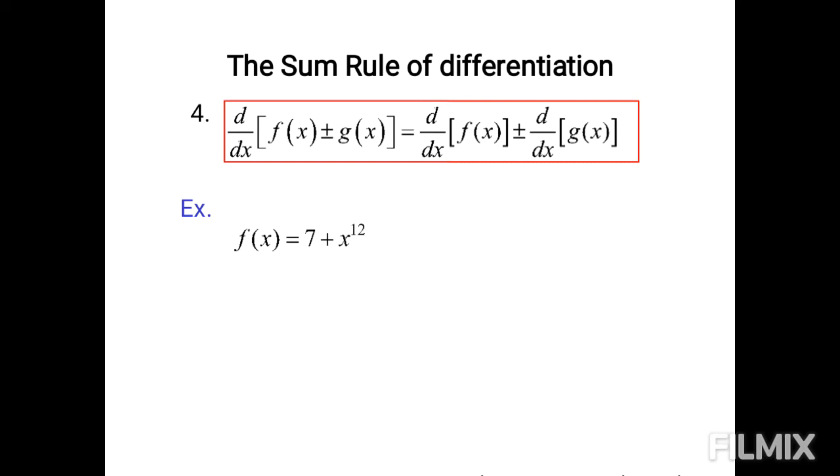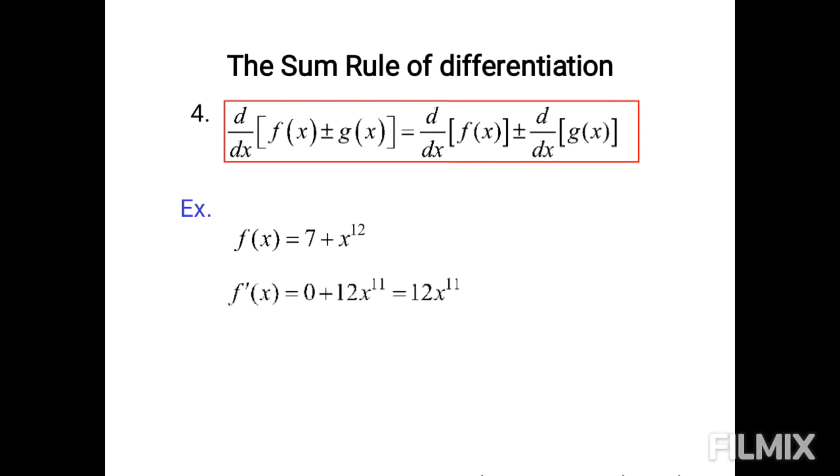Say we have f of x is equal to 7 plus x raised to the 12th power. So according to the rule, we need to get the derivatives of these two terms. So get the derivative of 7 and then the derivative of x raised to 12, and then perform the given operation, which is addition.